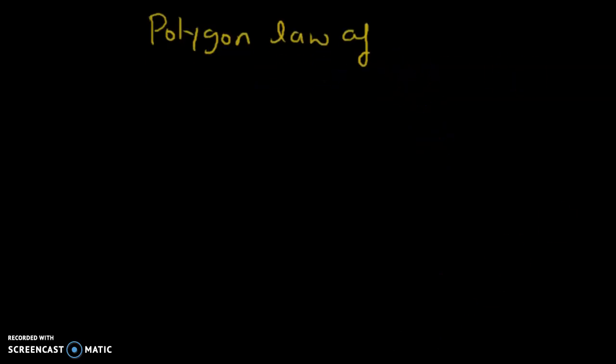Don't worry about the parallelogram law. The next thing we need is the mathematics. You just need to know how to find the diagonal of a parallelogram. If you know, then it is good, and if you don't know, I'll give you the formula after this. Don't worry, we'll discuss that.